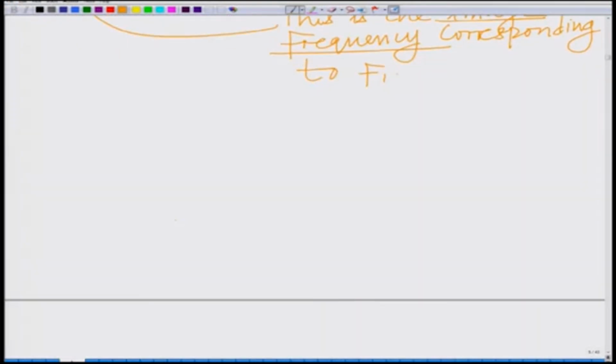All right. For example, let us take an example.